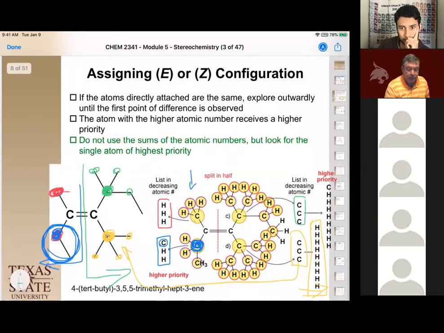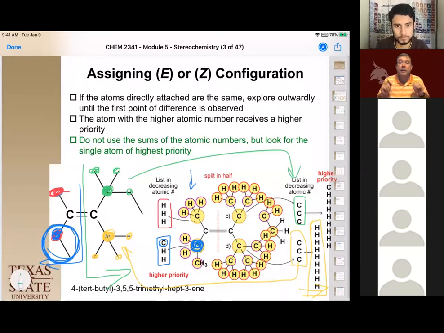We have these 3 carbons, and now let's see what is attached to them. This carbon is attached to a carbon, so we have to put that up here. Everything else is hydrogen. So that one little carbon 3 bonds over makes that group the higher priority.